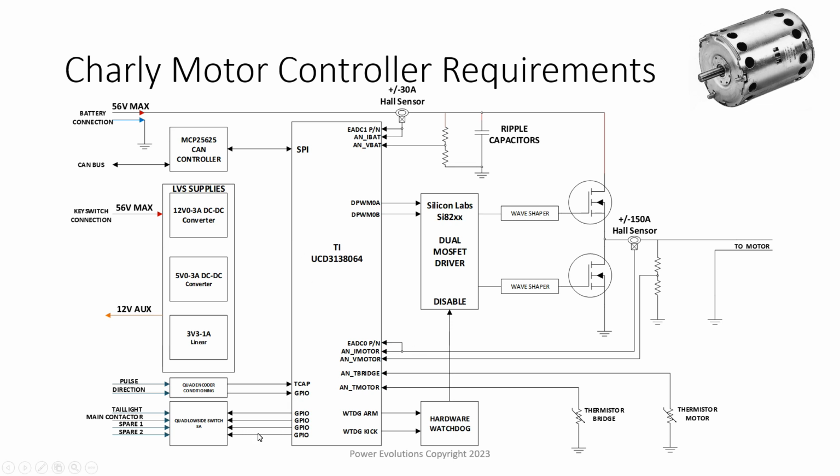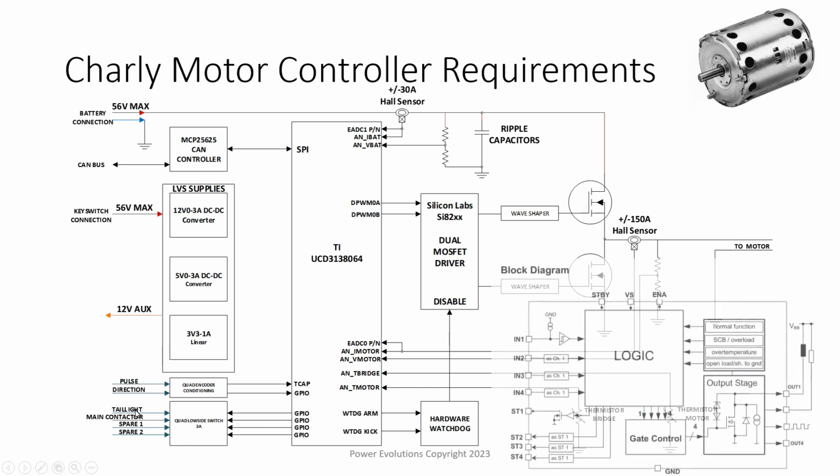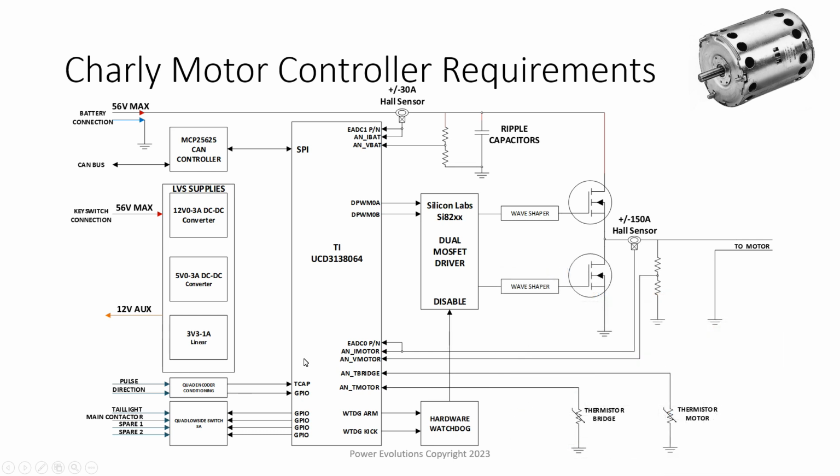We also need low-side contactor drivers, which will control the tail light turning on and off, and will also be the sync side of the main contactor circuit. So this allows me, if I run into a fault condition, to shut off the main contactor, and that disconnects the battery.